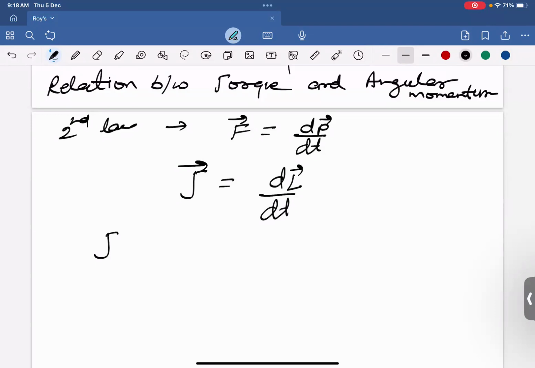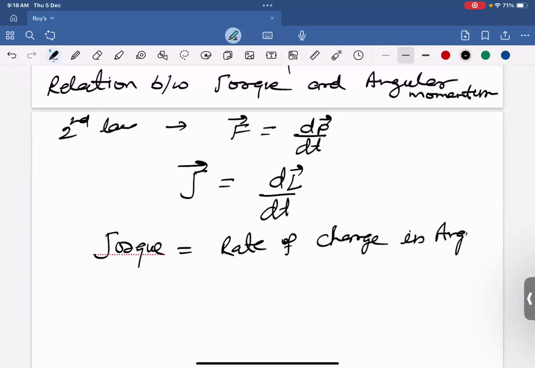That means you should remember that it is called second law of Newton in rotational motion. So torque is equal to rate of change in angular momentum.